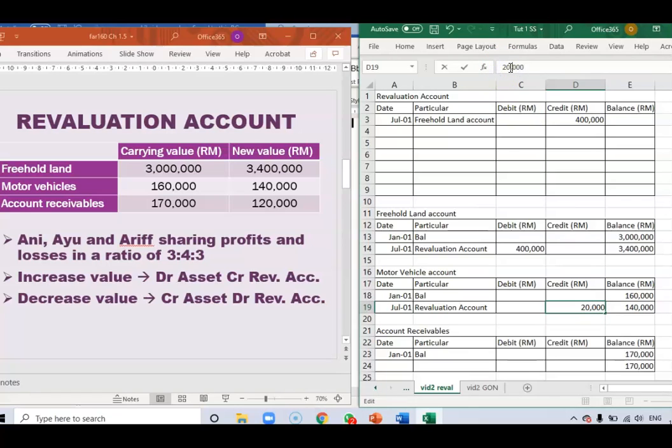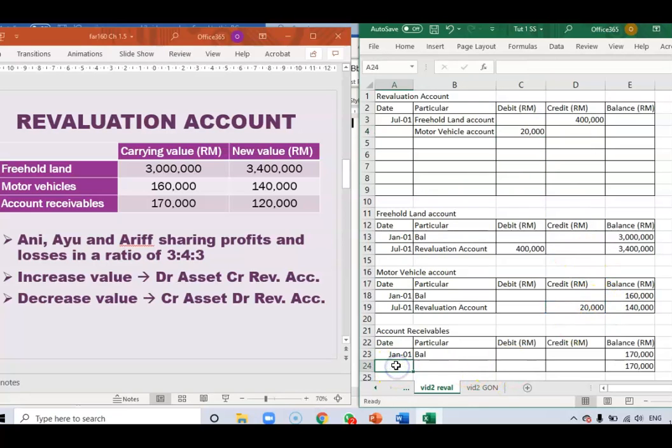The new balance, the new value, should be 140,000. So we record it on the credit side of the motor vehicle account, and in the revaluation account it would be on the debit side.